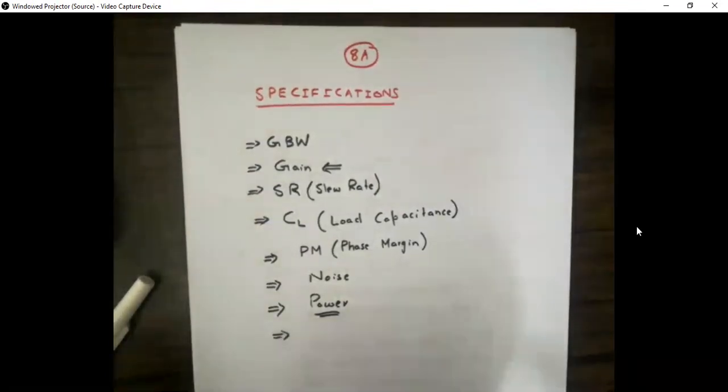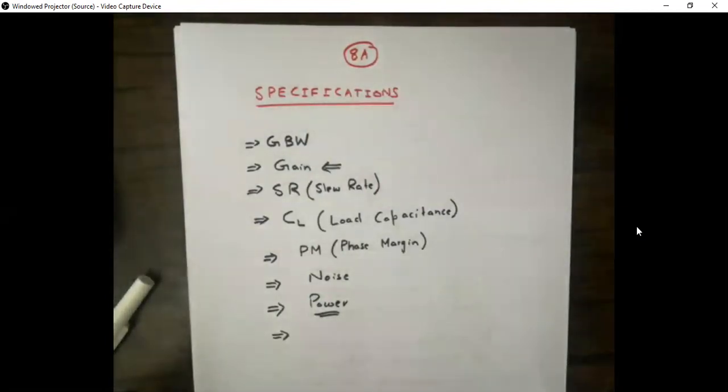Anything else? I want all of you to think, because we are now looking at a two-stage amplifier, which is basically a differential amplifier, what else do you think can be required? Somehow we covered it in this course or didn't cover it, but you think it's important. Sir, CMRR.